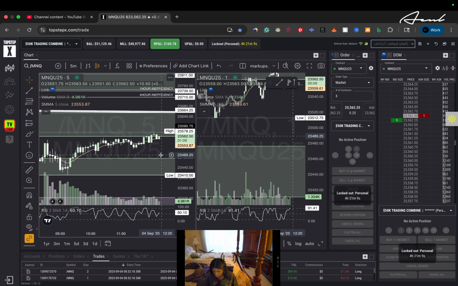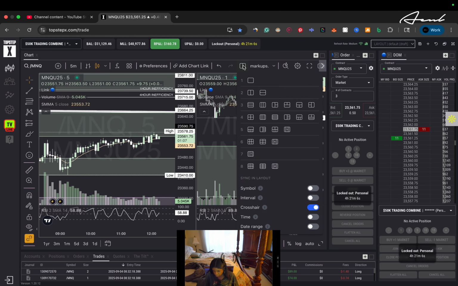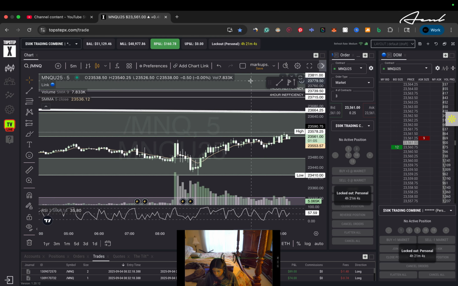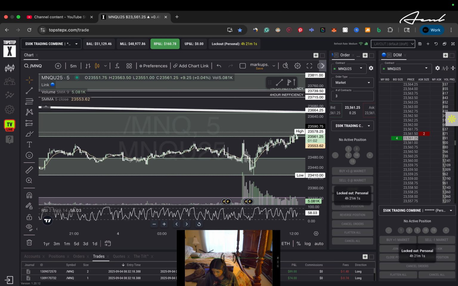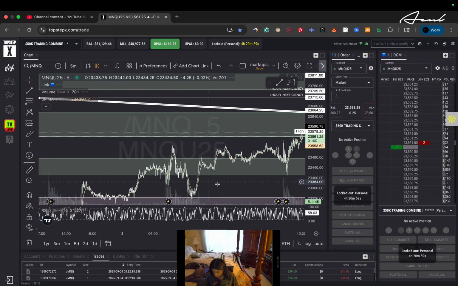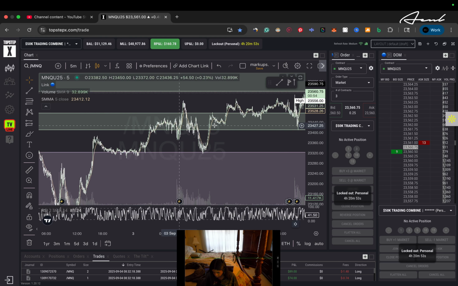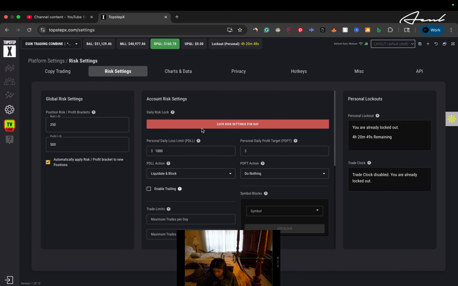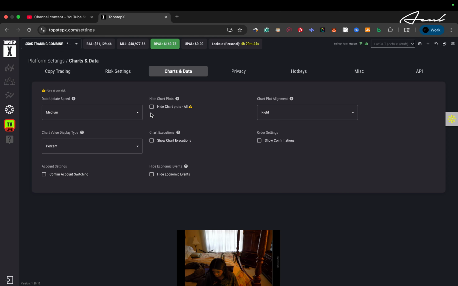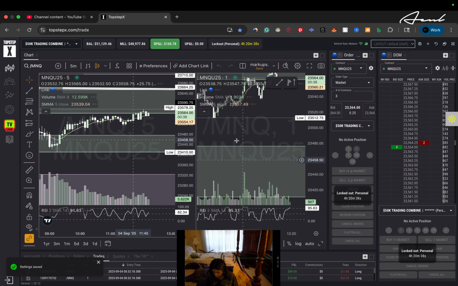I took partials at about a 1-to-1 on price, I think it was right here. Nope, now I'm confused on where it was. I'm going to put the markups on the chart and see if we can find it a little better.